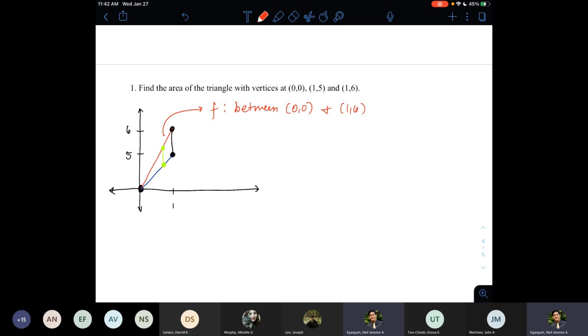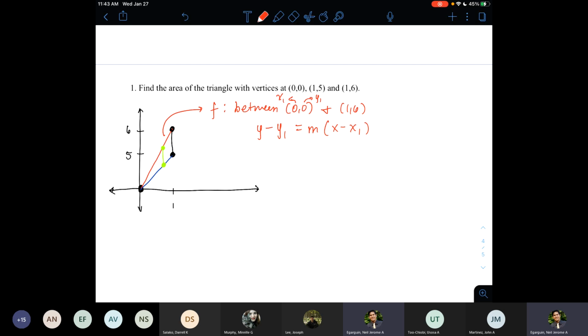If you remember how to find the equation of a line, it's y minus y1 equals m, which is the slope, times x minus x1. So I'm going to pick y1 to be this. I'll use this as my x1, right?